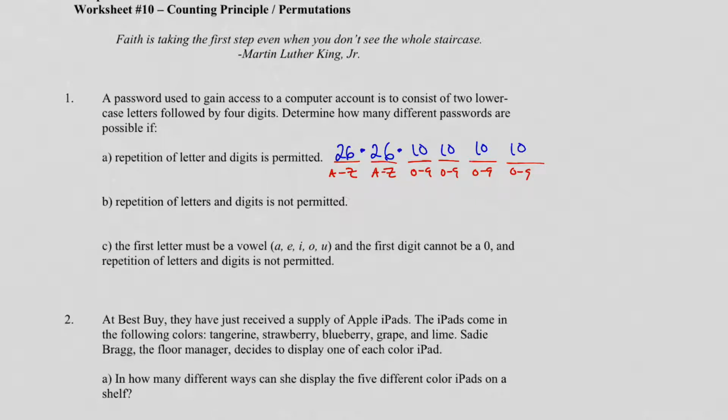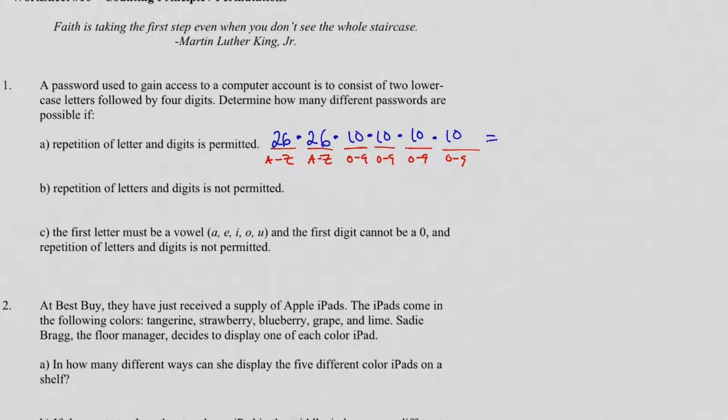So you're going to have to multiply all those numbers. Let me save you the time. It's 6,760,000 possible options here. One option could be AA 1111. That's 1.